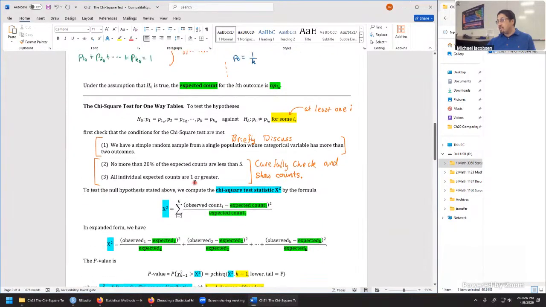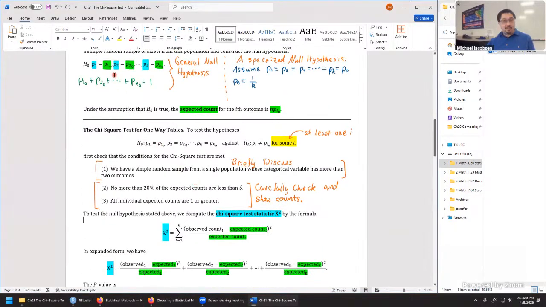What chi-square does is we first assume the null hypothesis is true. We'll have the counts that we observed in the data. But if we assume the null hypothesis is true, we have other kinds of counts. Those are the expected counts altogether. So we calculate this formula. How far is an observed count in category i away from the expected count, squared, divided by the expected count? In expanded form, this is what it would look like for the k outcomes of our categorical variable.